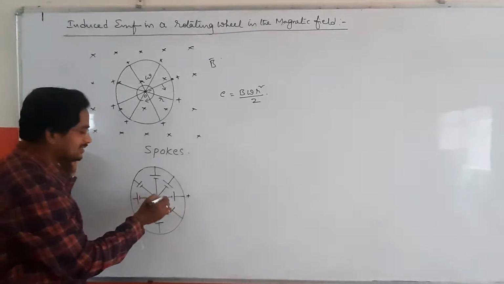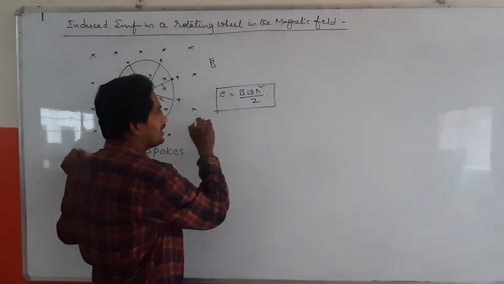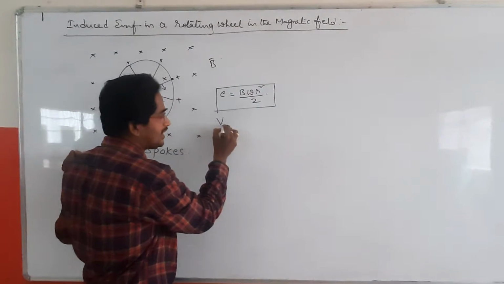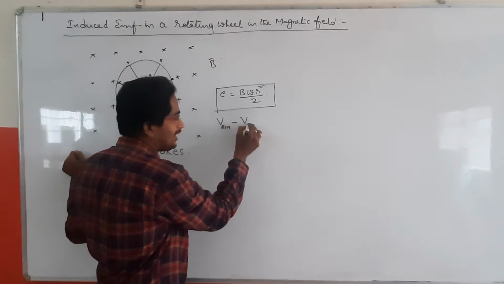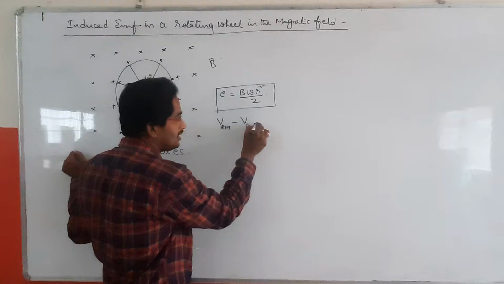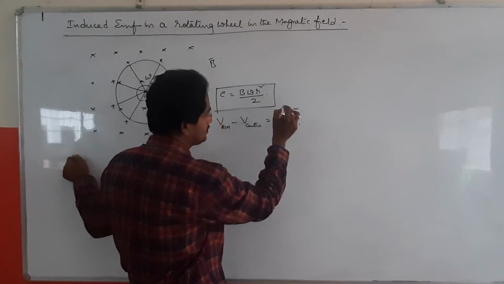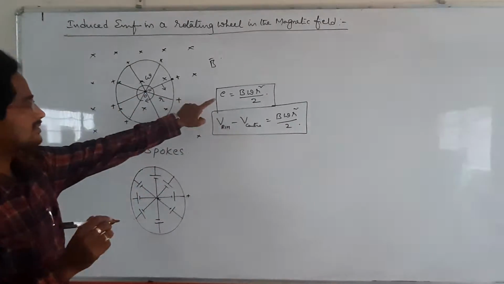What is the potential difference here? This means the potential on the ring minus the potential at the center is equal to B omega R square by 2. That is the meaning of this.